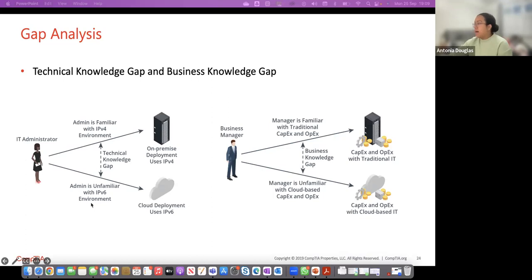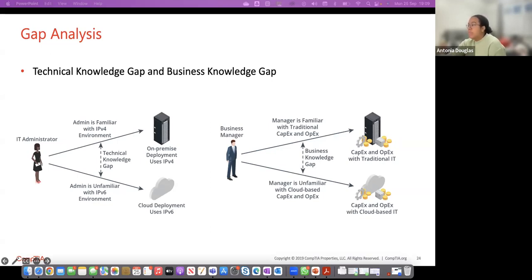Cloud services are rapidly evolving, as you may know. Versions of specific software or assets can be outdated within a few years. So ideally the goal would be to close that technical knowledge gap as much as possible.